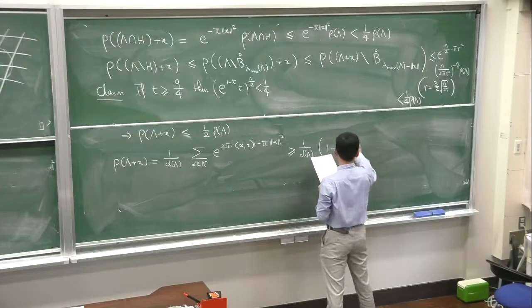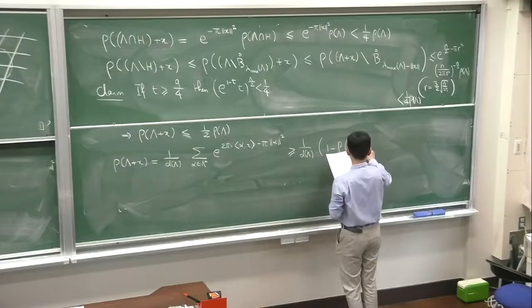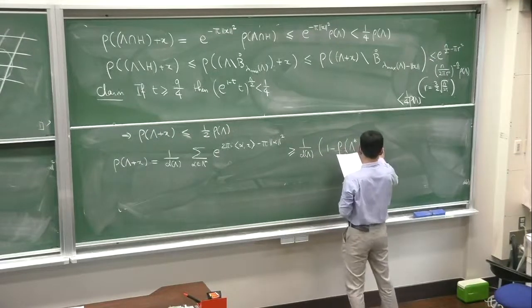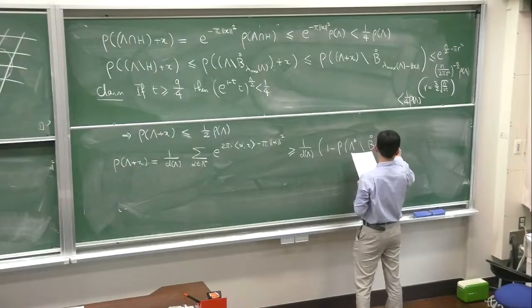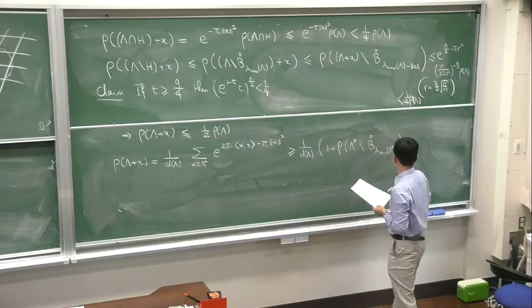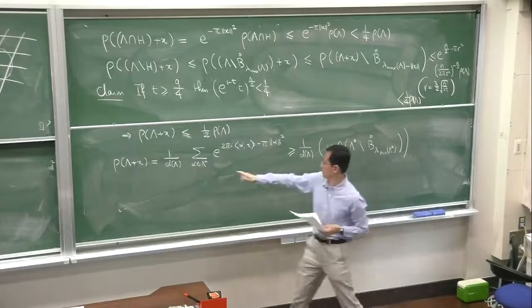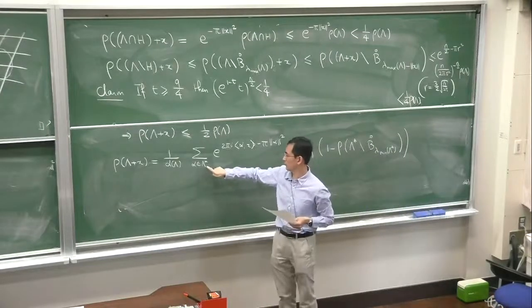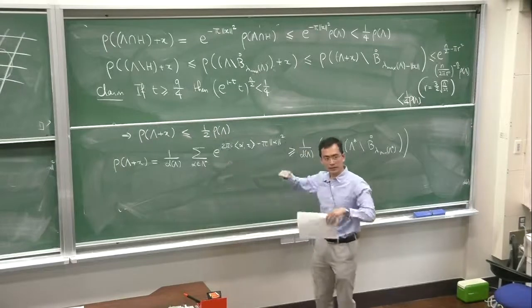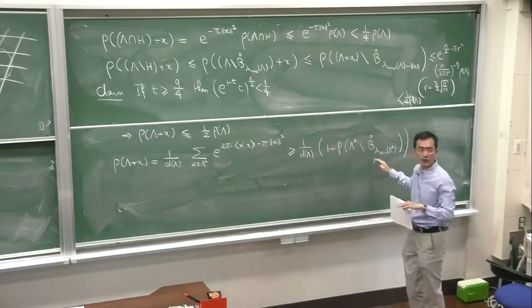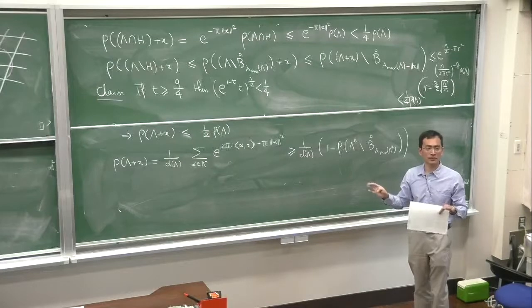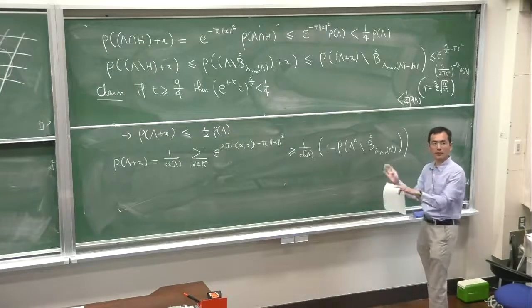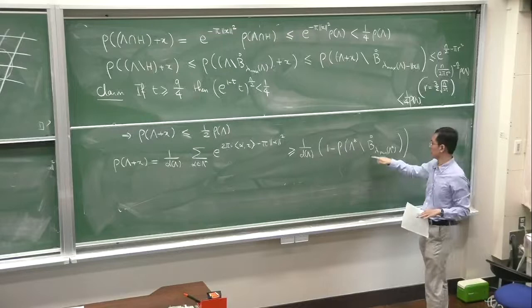So 1 minus rho of lambda star. The reason is that you compute the vectors in lambda star, but inside this ball there is no other lattice point than the origin, because you have nothing but the origin.